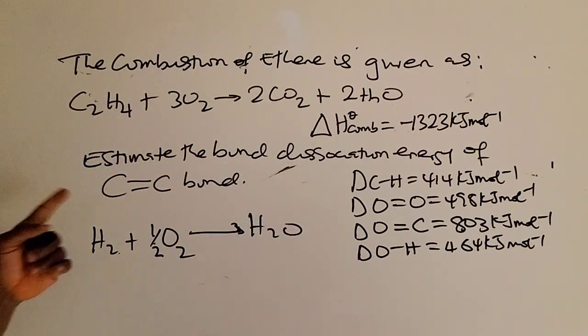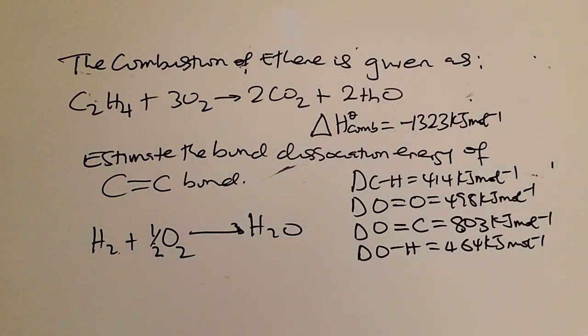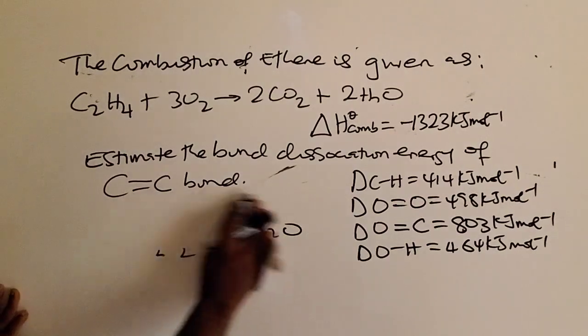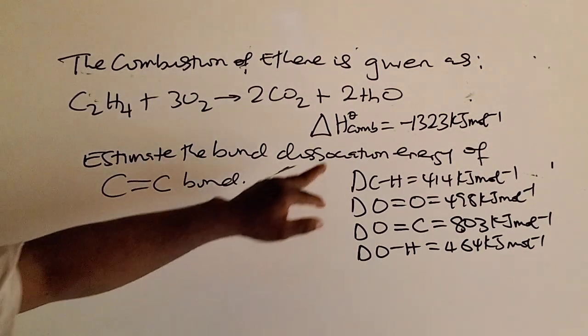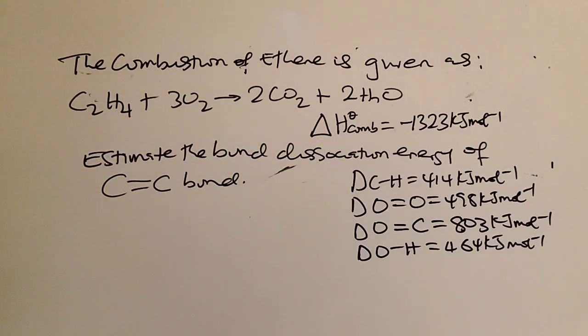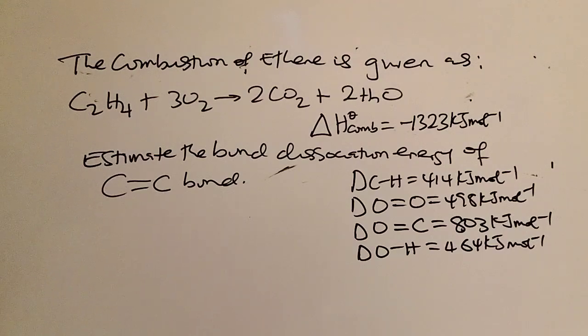But this time, we're looking at the enthalpy of combustion. Combustion doesn't have to do with the product. Combustion deals with the reactant. So what is the enthalpy of combustion? Enthalpy of combustion is the amount of heat liberated, because combustion is an exothermic reaction, when 1 mole of a compound burns completely in oxygen.